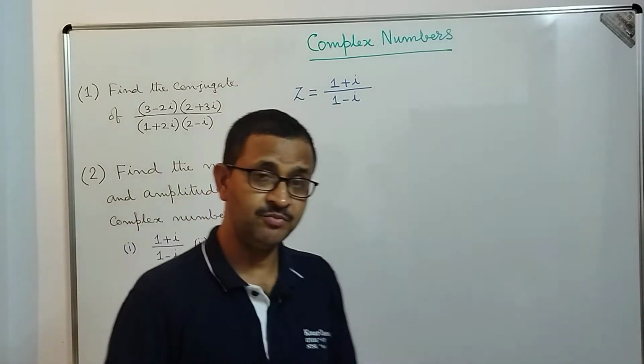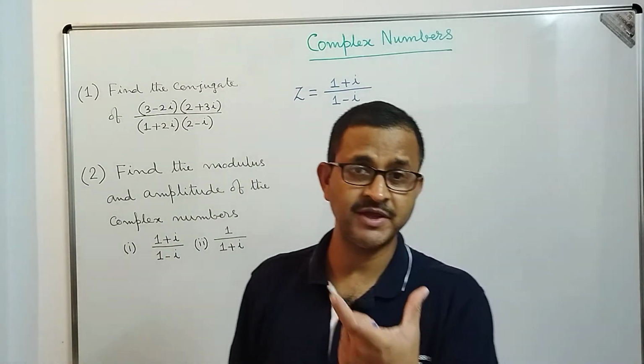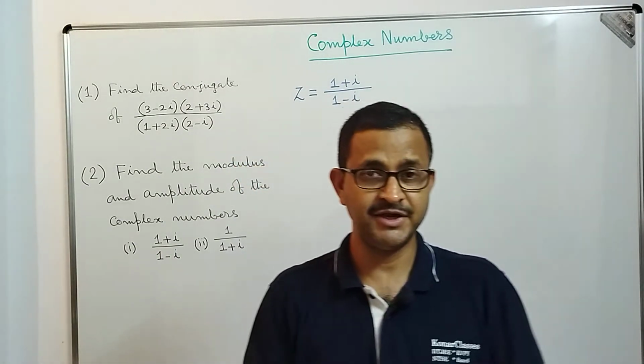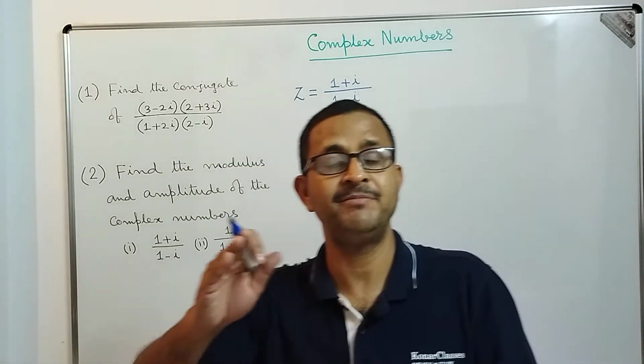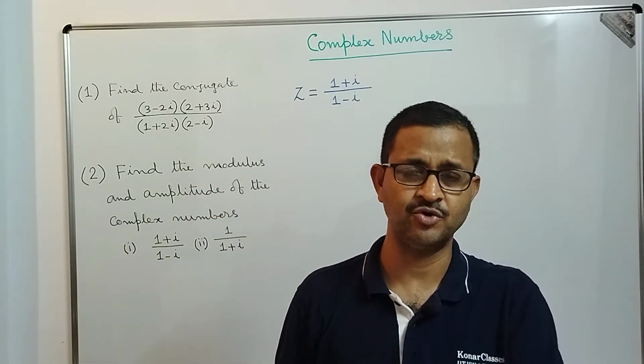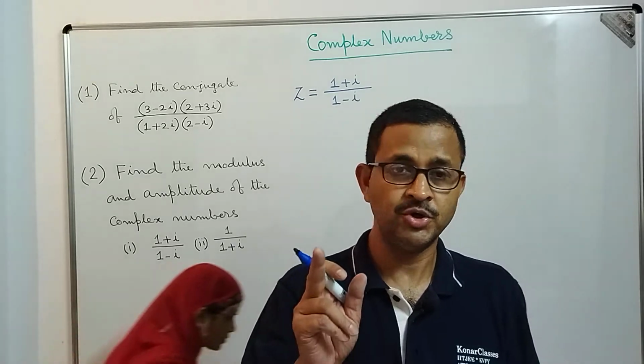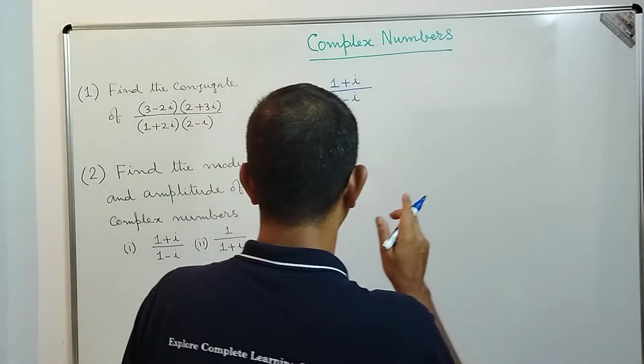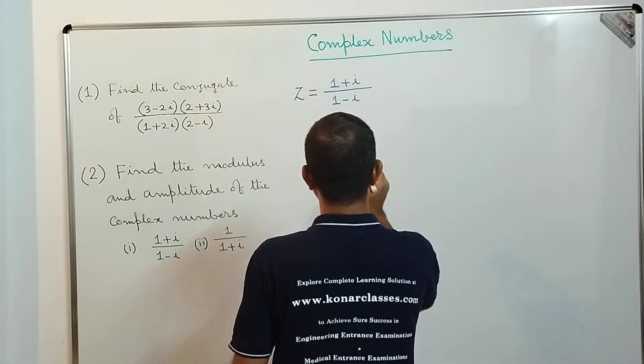As I said a few minutes back, whenever you get a complex number of this form and you need to find the modulus and amplitude or argument, both are synonyms, amplitude and argument, you first need to represent this in the form of A plus iB.